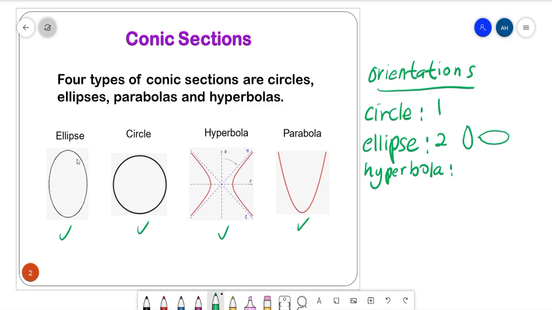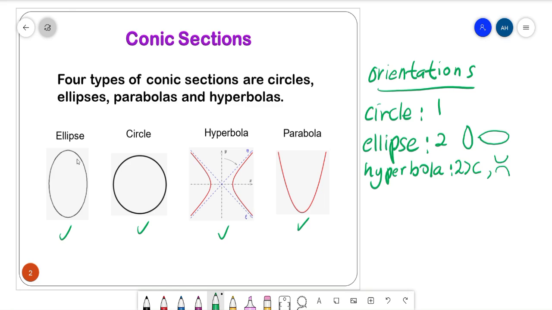The other orientation that we have is one facing up and the other one facing down. Therefore, we say a hyperbola has two orientations.